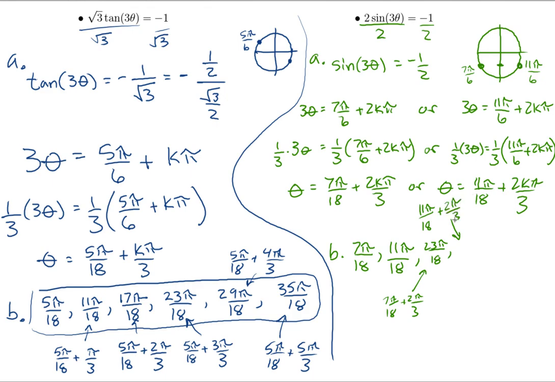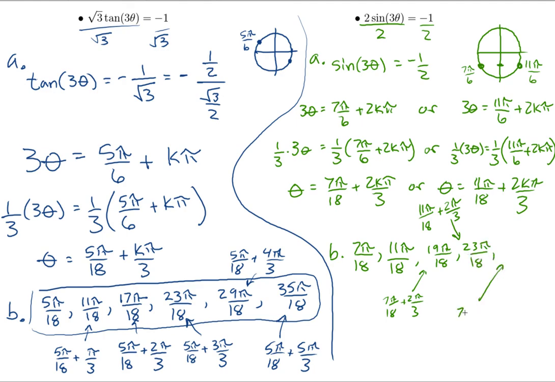So I'm letting k be 1 here. And so that's going to give me, let's see here. Oh, excuse me, that's not 23 pi over 18. Sorry, I was a little too much on autopilot there. This one, of course, you're going to make this 12, so 12 plus 7 is 19 pi over 18, and this second one is 23 pi over 18.